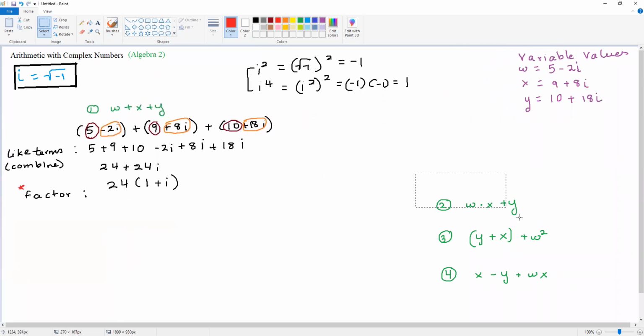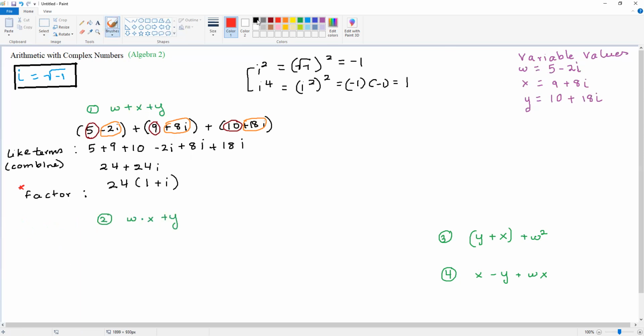Now we're going to move on to question number 2. Let's just move right over here. Okay, so again, let's start off by filling in our variable values, right?